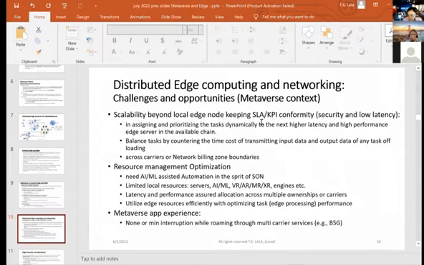Those metrics must be maintained even if you're scaling horizontally from one node to another node, which is physically located in a separate location, maybe a few hundred meters away, or maybe 1,000 meters away, when you're considering a distributed edge scenario, right?